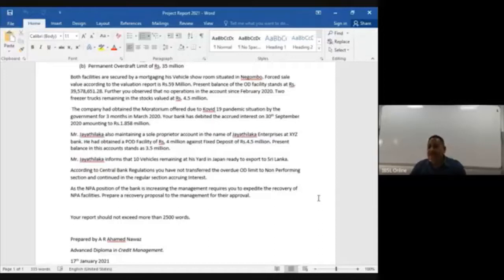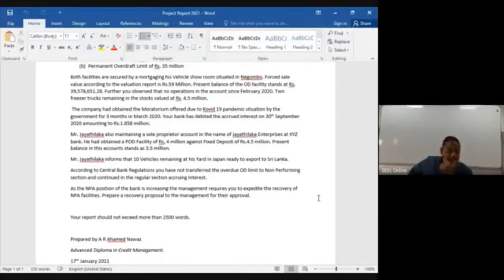Now what is the present position? You have to analyze that. So now we have to make a proposal to the management. What are the sub-matters relating to this, and what proposals are we going to make to recover this facility? Let's go through the things in the introduction of the proposal.